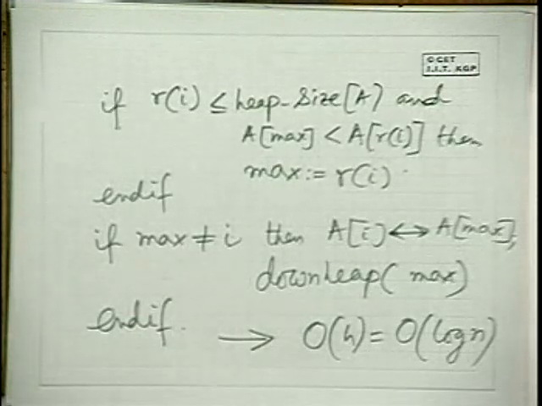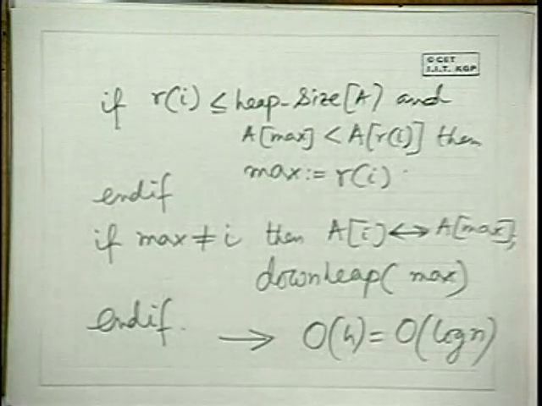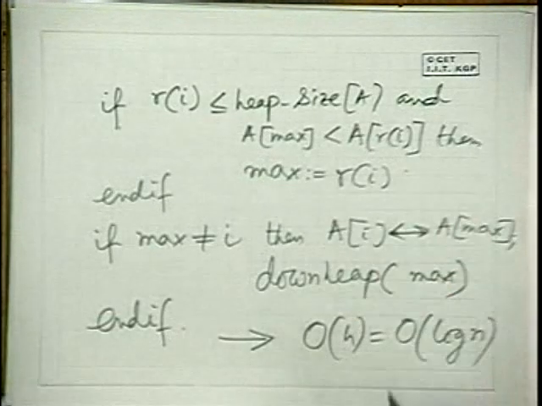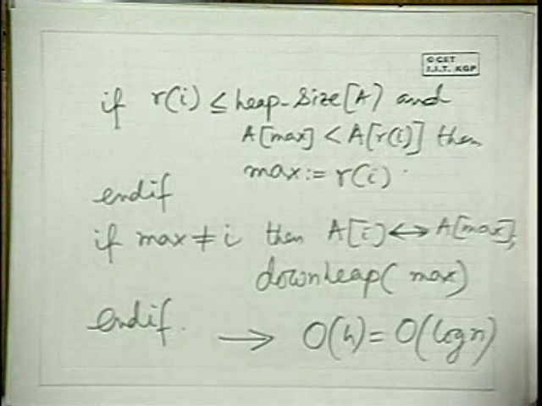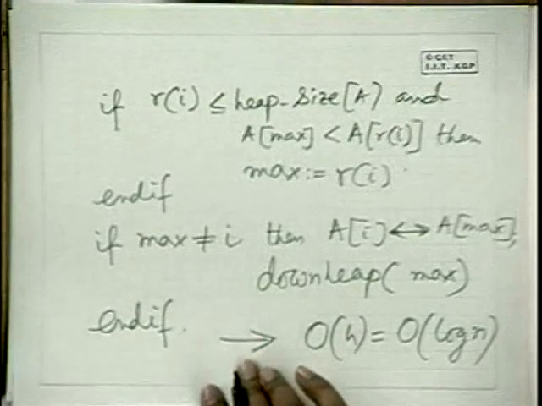This order of n is a correct answer, but the analysis is not good, because log n is much better than order of n. And log n is the correct answer. It's a better answer than order of n. Okay, so this is understood, right? Everybody understands this. So this is the procedure down heap.